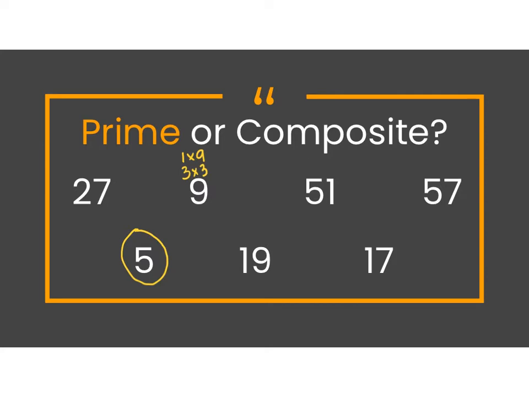Since 9 has more than 2 factors, it is composite. When we look at 19, 19 would be a prime number. We can only multiply 1 times 19 to equal 19. Since 19 is a prime number, I'm going to circle it.